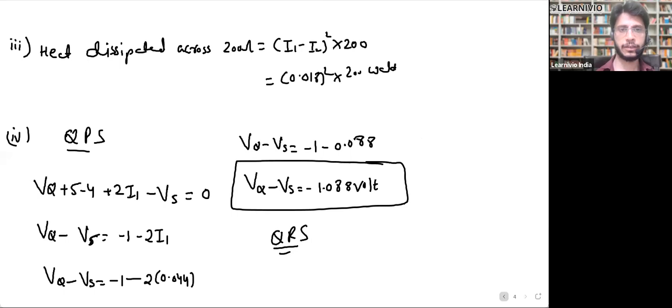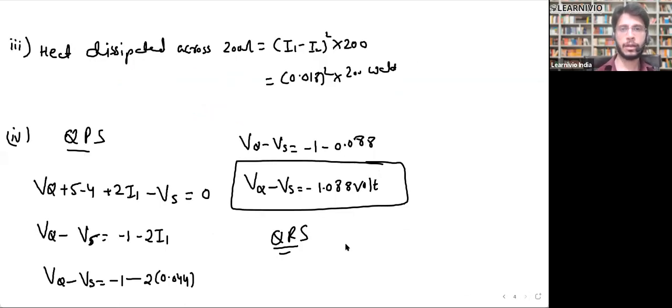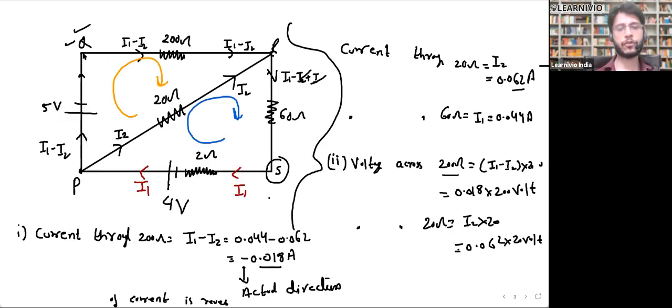Let's check it again. Okay, let's start from Q and travel to R. So when I move from Q to R, Mariam, start telling me. When I start from Q, what will be the first potential? Start from this point Q. What's the potential of point Q?